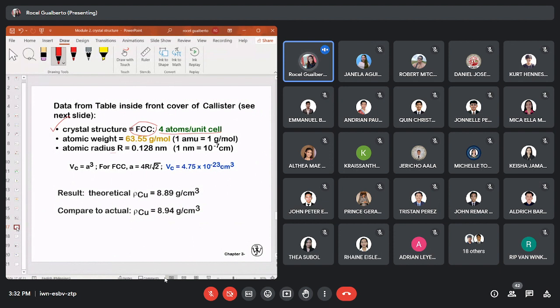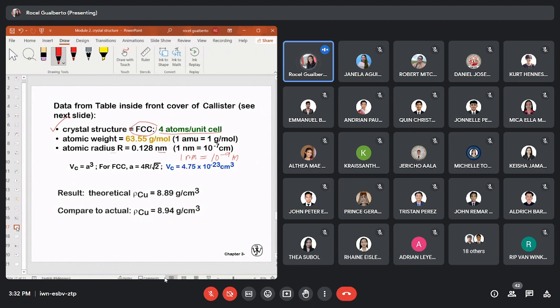So we have 63.55 grams per mole. And then the atomic radius, 0.128 nanometer. You simply convert it to centimeter, so you come up with 10 to the negative 7 cm, since 1 nanometer is 10 to the negative 9 meter.